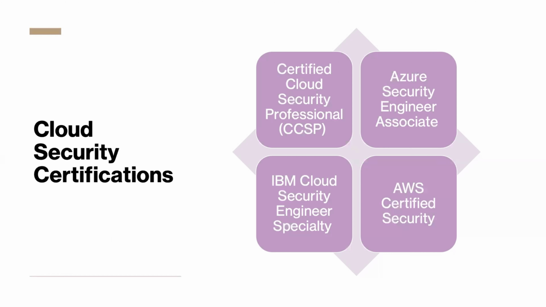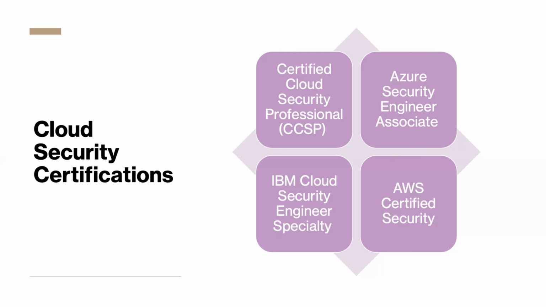Now, let's talk about cloud security certification. With the training from SCAR Solution, based on the structure of our training syllabus, we look to ensure that you can earn the Certified Cloud Security Professional, called the CCSP, as well as the Azure Security Engineer Associate. So by getting the full IT training from us, you get to easily and confidently gain these certifications, right?